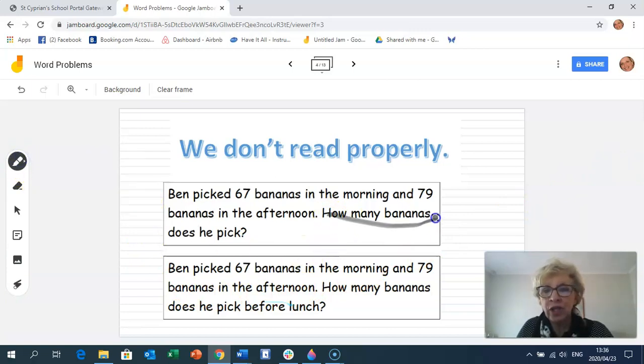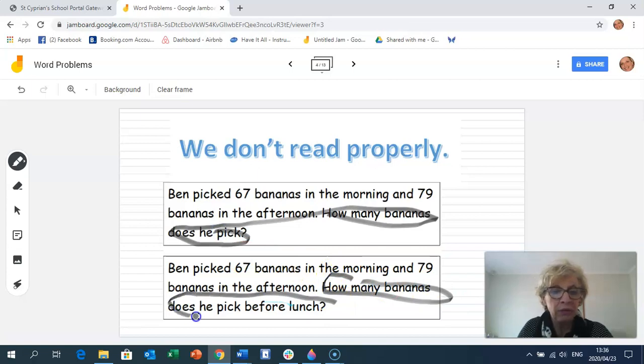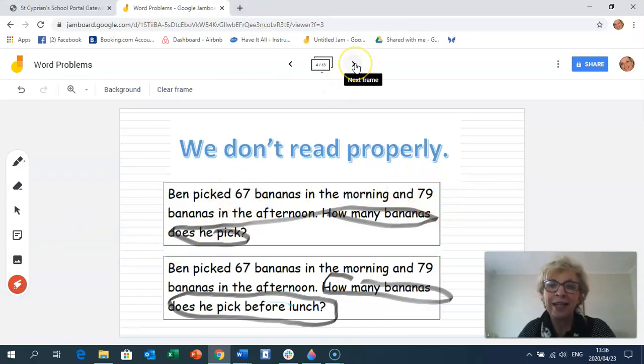So this question here is how many bananas does he pick in total, and this one just says, well, how many bananas does he pick before lunch, which is 67, which is a completely different answer compared with this one, which would be 67 plus 79. So you've got to read things really carefully, okay, guys? Reading is hugely important in everything we do.